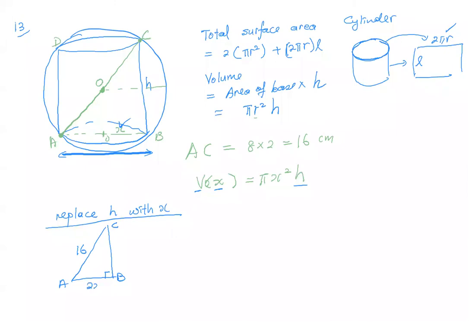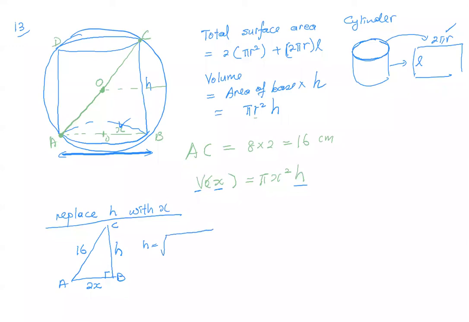Now, based on the knowledge that I have, can I write h in terms of x? What knowledge must you have? Pythagoras. Yes. So you have your h equal to the square root.